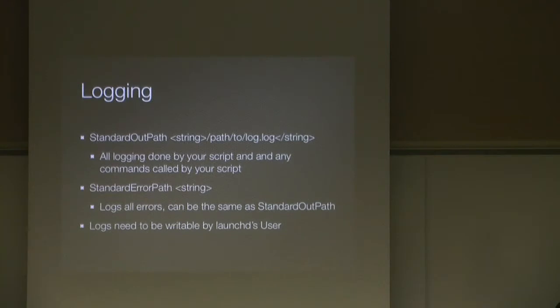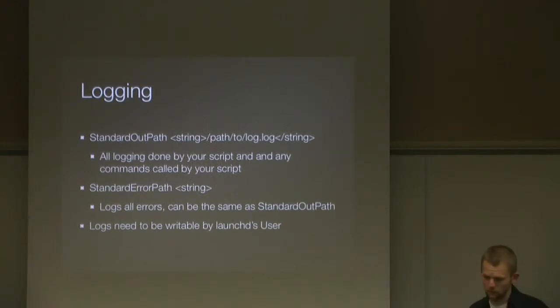Okay, and for logging, if you would just run your script in the terminal window, any output you see there can be logged using launchd. You just put in the path to your logs in either standard out or standard error, and make sure that the running user of the launchd job has the right permissions to the file.